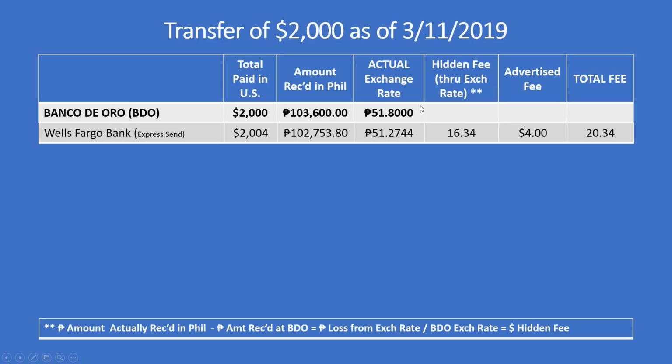That's in pesos, okay? That's the loss in pesos. Divide that by the exchange rate of BDO all the time, and that will give you the hidden fee. So in effect, you're paying them a total of $20.34, made up of $4 advertised fee and $16.34 hidden fee due to exchange rate differential.